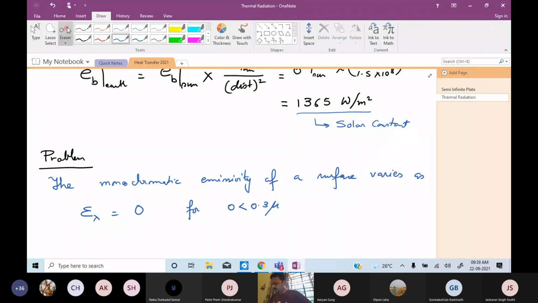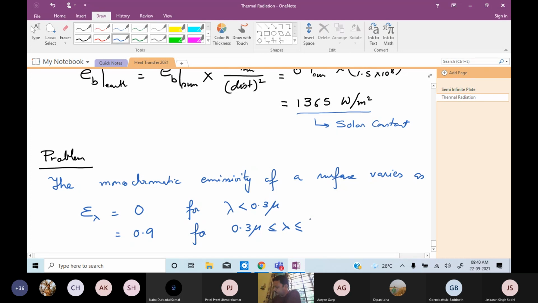For lambda less than 0.3 microns, it is 0. It is 0.9 in the range of 0.3 microns and 1 micron.